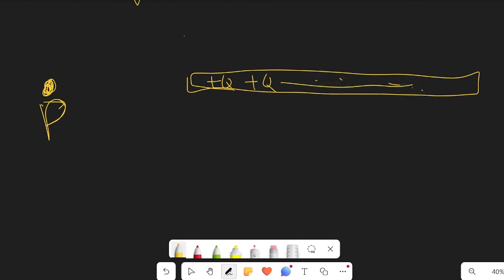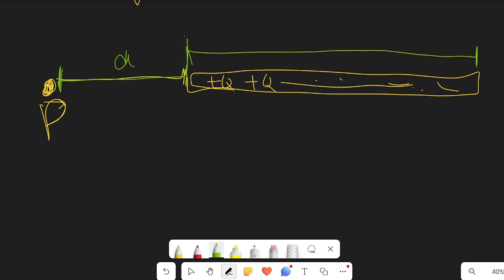The distance here is A, and the length of the rod is L. So what would the electric field at point P be?